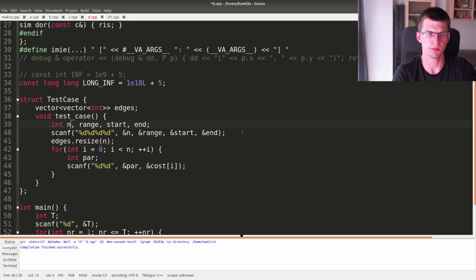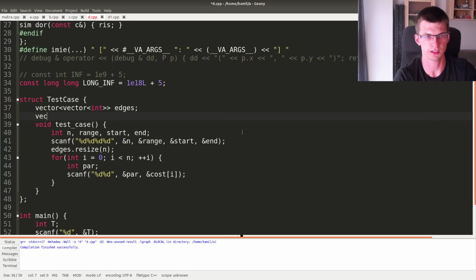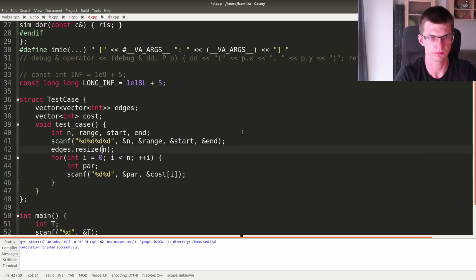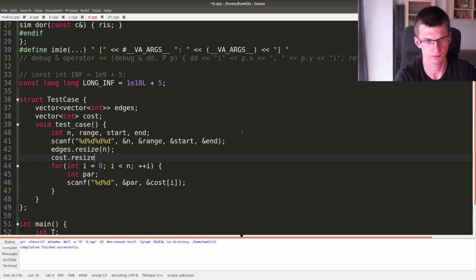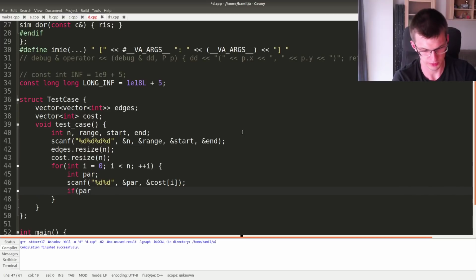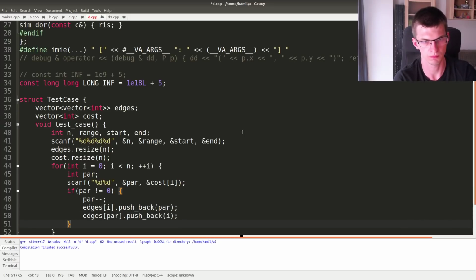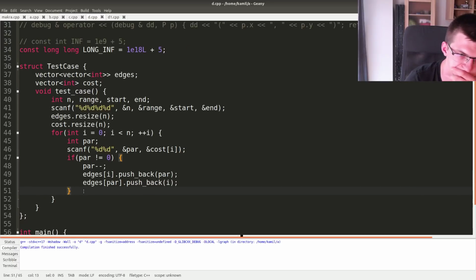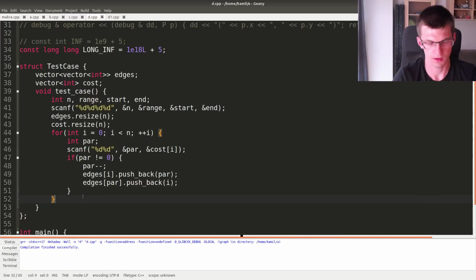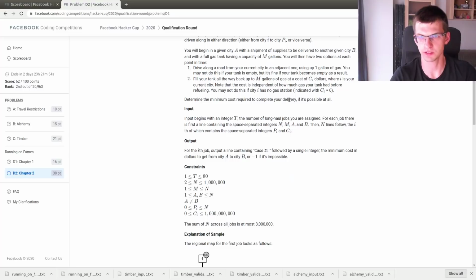Is cost global? Let's say this. If parent is not 0, edges are there, and that's it.